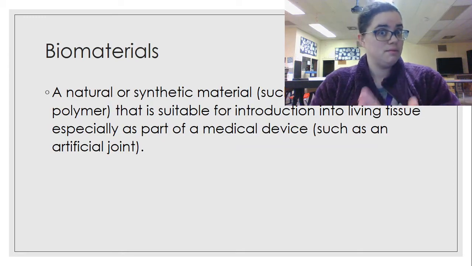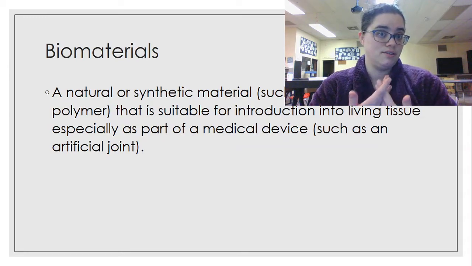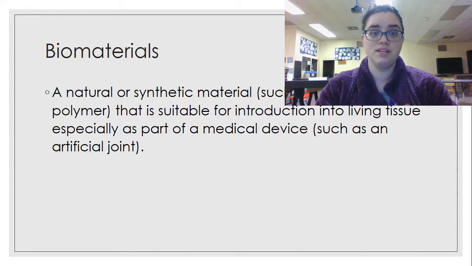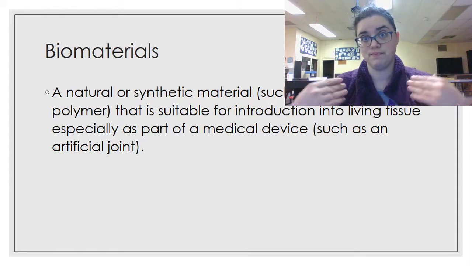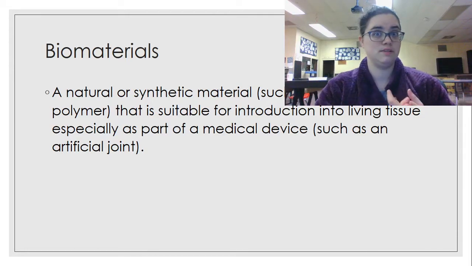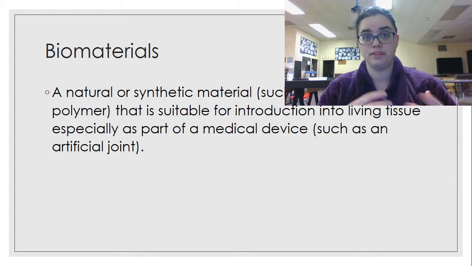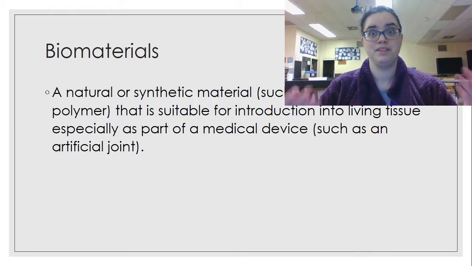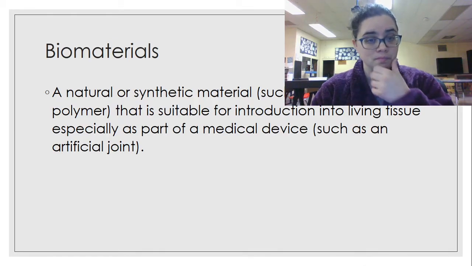And there are also biomaterials. Biomaterials are either natural or synthetic, and you can use metals and polymers. Basically what they're for is introducing into living tissue. So if you have an implant you're going to put in, replacement knees, replacement hearts, artificial valves, artificial anything you put in the body. If you grow a new trachea for someone and put it inside, that's a biomaterial.